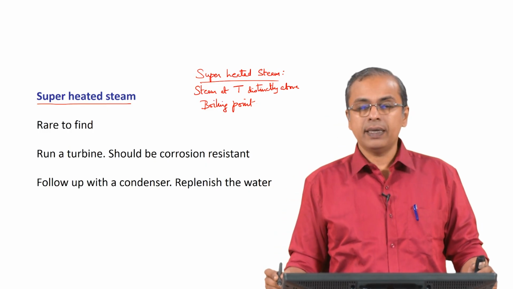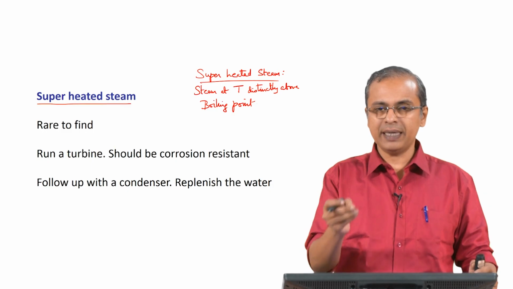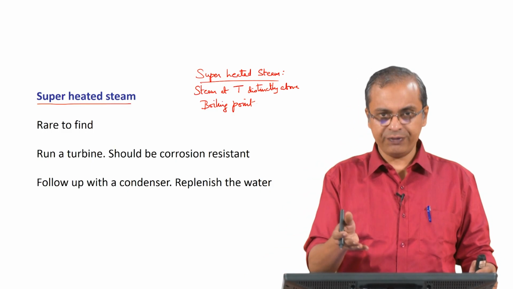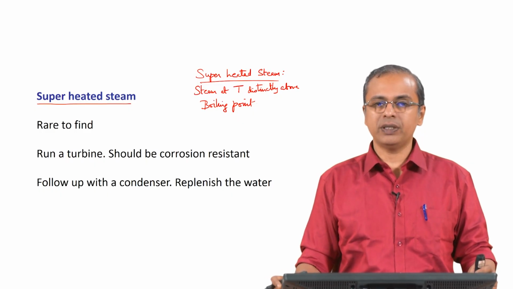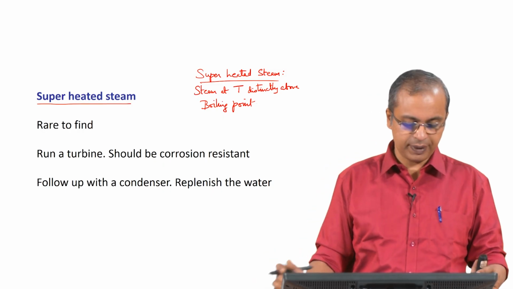Typically, the advantage of superheated steam is that it is not going to immediately condense and generate water. This may not seem like much, but we will discuss in a moment what the big significance of it is.